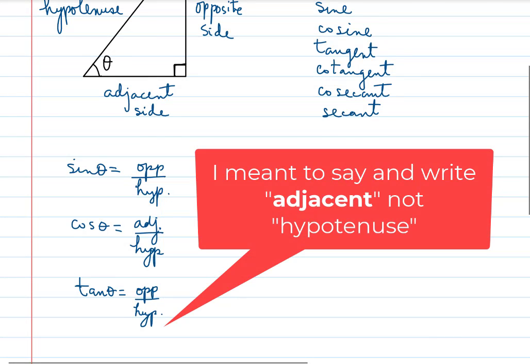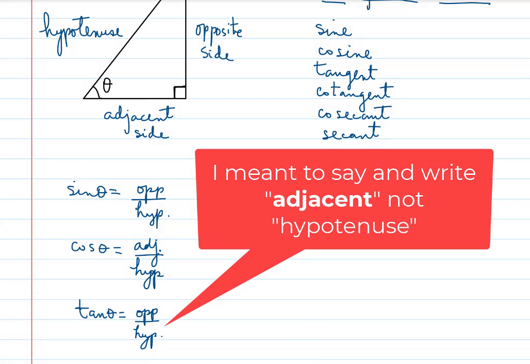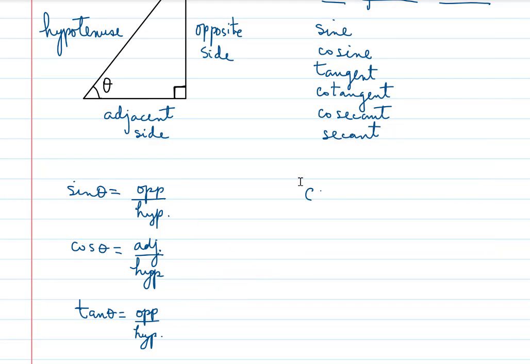Now the other three, I'm going to put them on this side that you see. I'm purposely going to pair them like this because you're going to see that the other three are the reciprocals of the first three. I'll start with cosecant of theta, and that's the abbreviation for it, is hypotenuse over opposite. Then we have secant of theta is hypotenuse over adjacent.